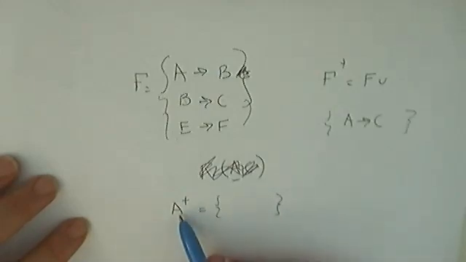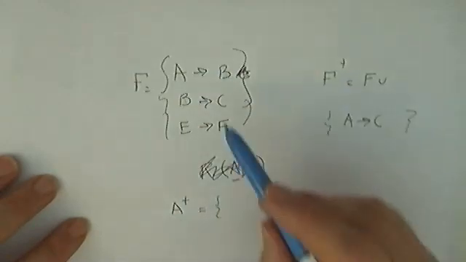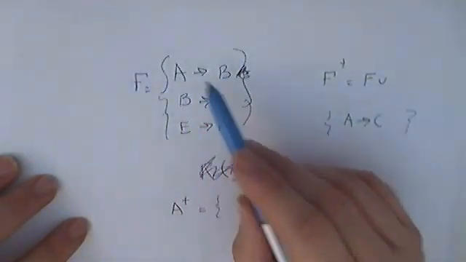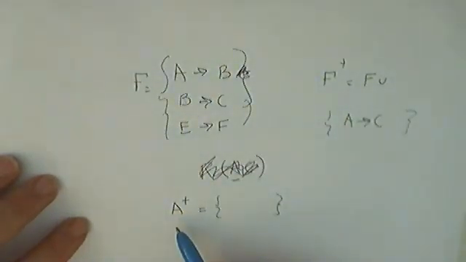If I give A, what other attributes can I determine? It's going to be an attribute set. I'm going to run the closure of this attribute under that set of functional dependencies, so a set of attributes will come out. Which ones are they?